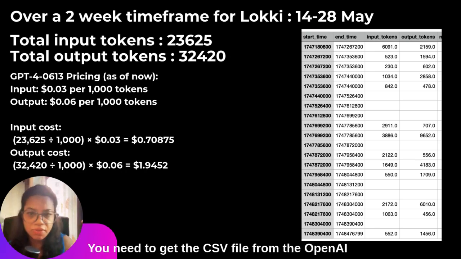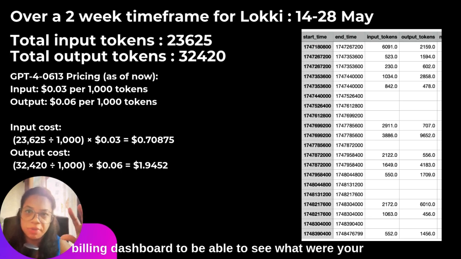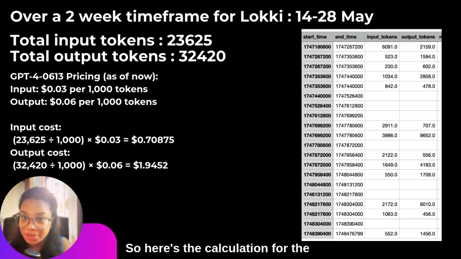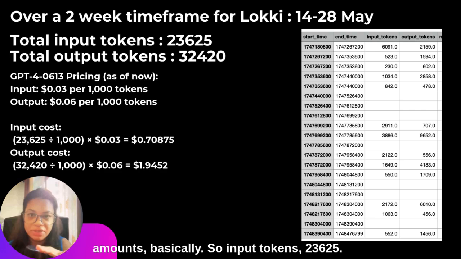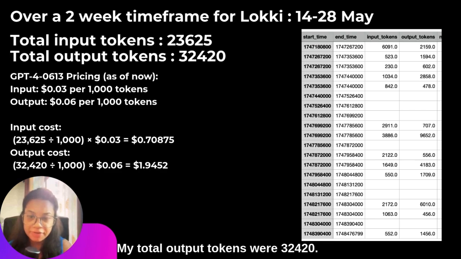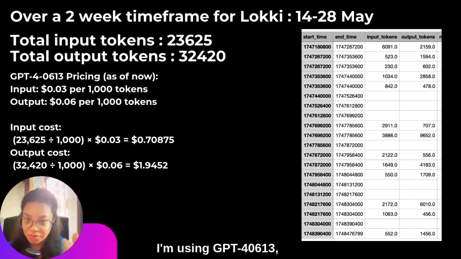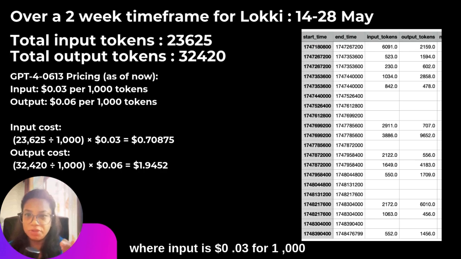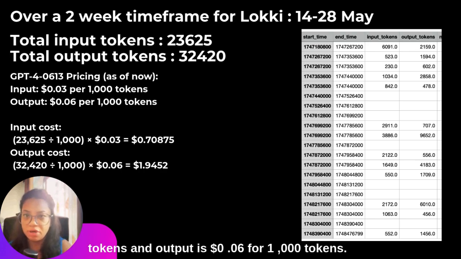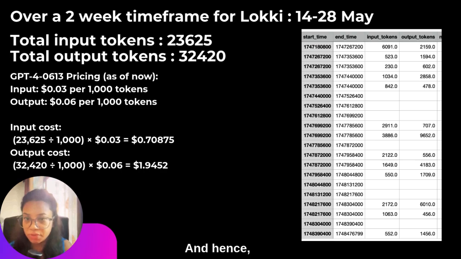Now, here's the thing, you need to get the CSV file from the OpenAI billing dashboard to be able to see what were your output tokens actually. So, here's the calculation for the amounts basically. So, input tokens 23625, my total output tokens were 32420. The pricing is as follows. I'm using GPT 40613, where input is $0.03 for 1,000 tokens and output is $0.06 for 1,000 tokens.